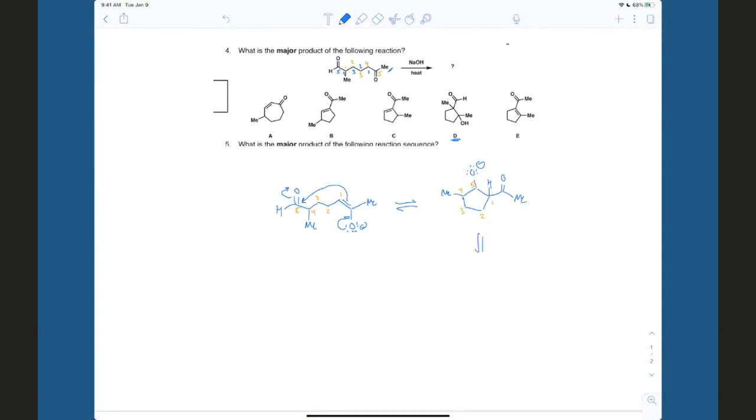For the sake of rewriting a lot of structures, I'm going to show a proton transfer that moves this hydrogen to this oxygen. It would still be 2 steps overall. And I'll draw it in the enolate resonance structure.